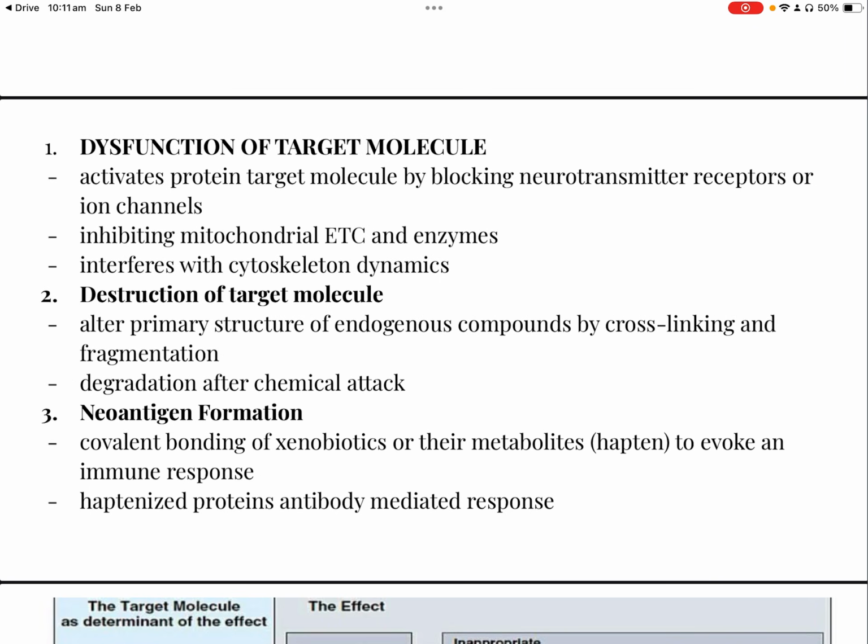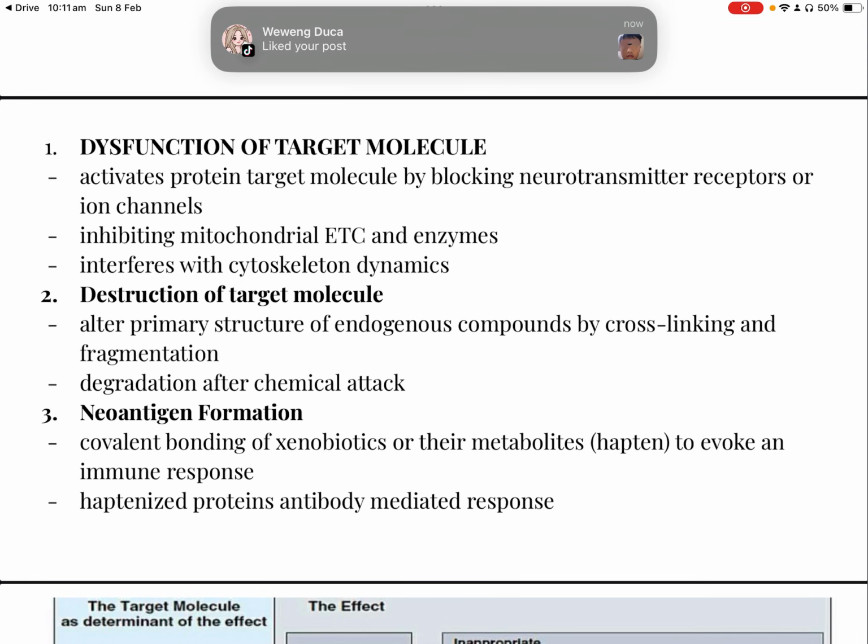It inactivates protein target molecules by blocking neurotransmitter receptors or ion channels, and it will inhibit the mitochondrial electron transport chain and enzymes. So there will be no cell reproduction, no synthesis of new cells, because the neurotransmitter receptors are blocked. It will disrupt the overall cellular process in your target molecule.